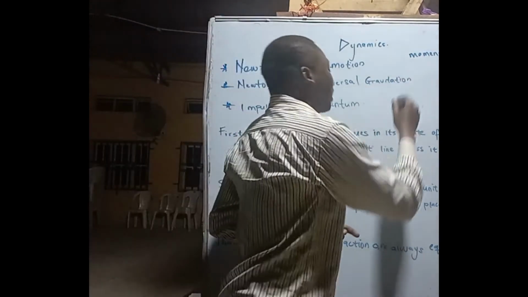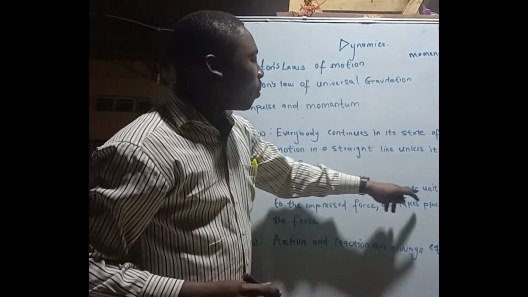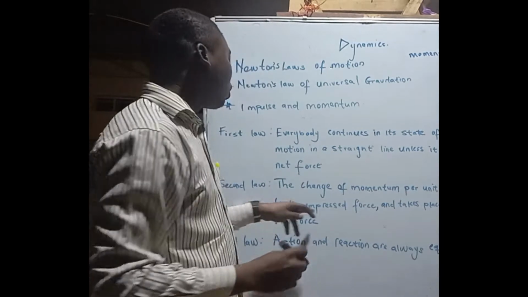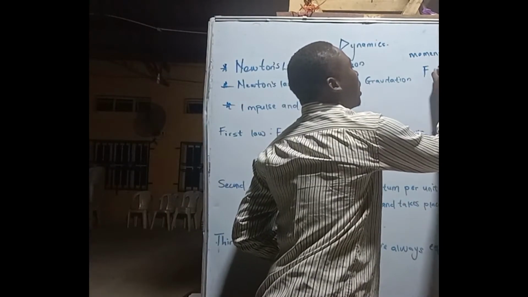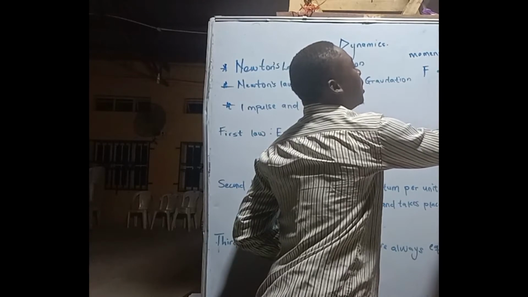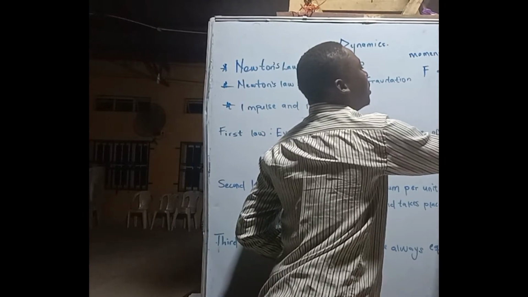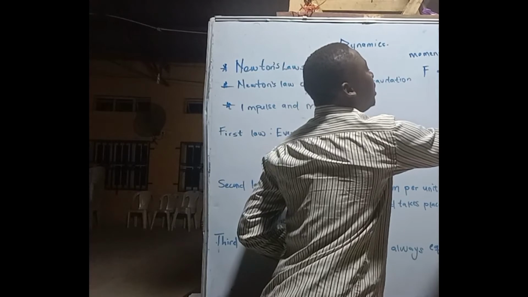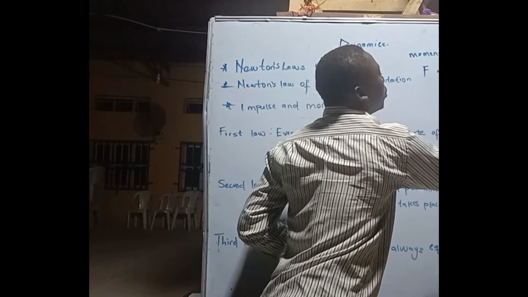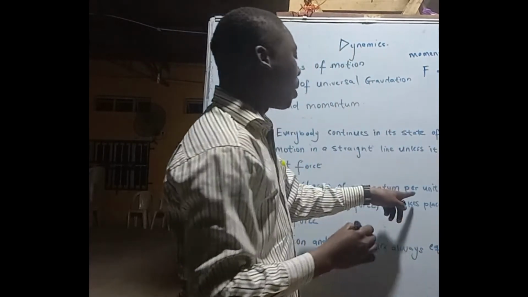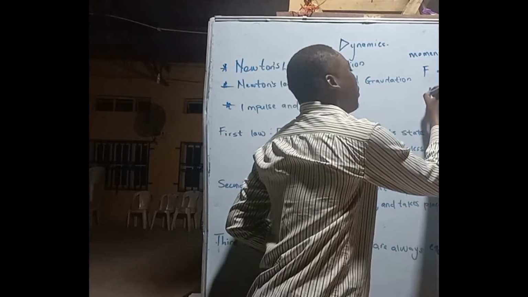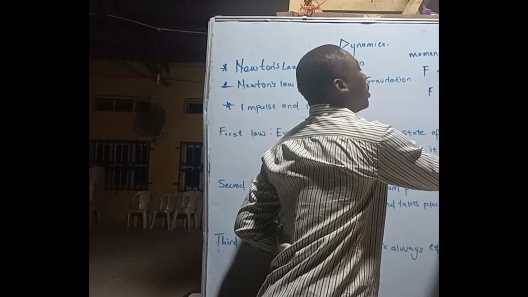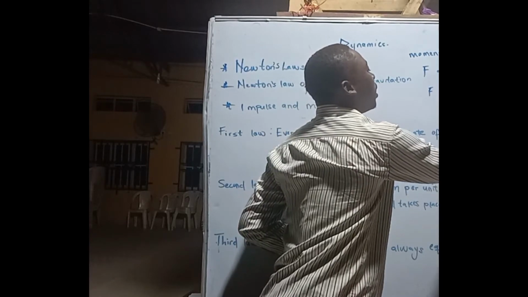So the force is directly proportional to the change in momentum per unit time. That means the final momentum minus the initial momentum, per unit time. So F, the force F, is equal to m into bracket v minus u over t.